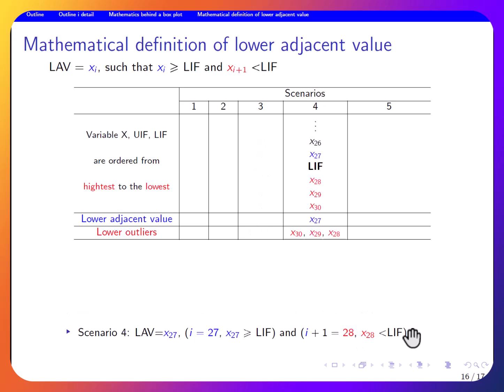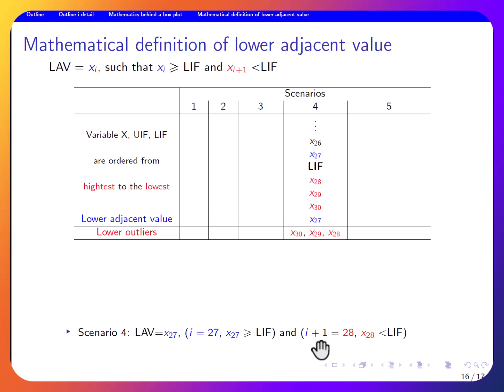Scenario 4: lower adjacent value equals x27, i equals 27, x27 is larger than or equal to the lower fence, and i plus 1 equals 28, x28 is smaller than the lower fence.